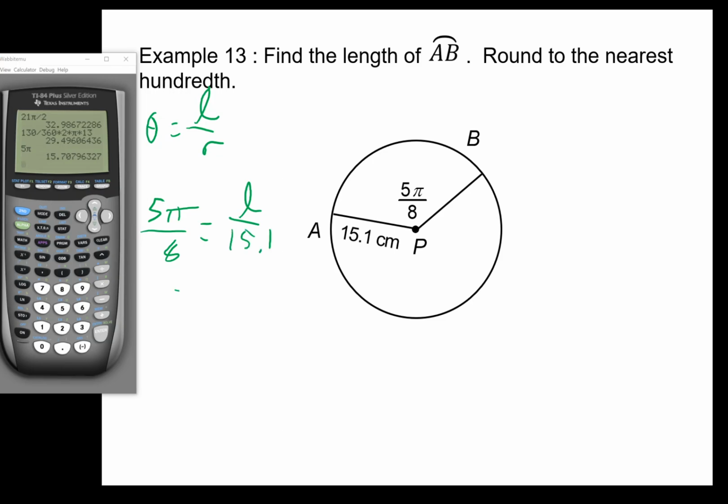Now let's go ahead and cross multiply. 8L is equal to 5 times 15.1, 75.5 pi. So now we're going to the nearest hundredth. I'm going to go ahead and do that all in one go. 75.5 pi divided by 8 gives me 29.65 centimeters.